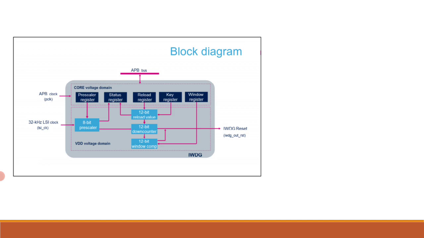Two clocks are needed. The APB clock is required in order to access registers, and the LSI clock is required for the functional part of the watchdog. This architecture allows the independent watchdog to work even in stop and standby modes.